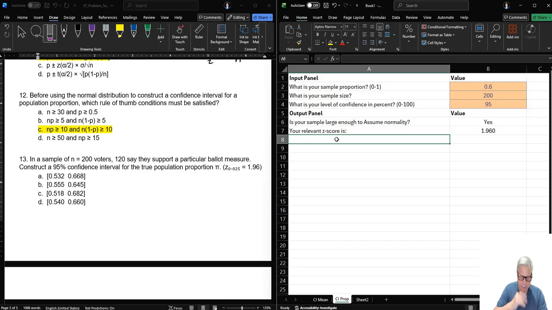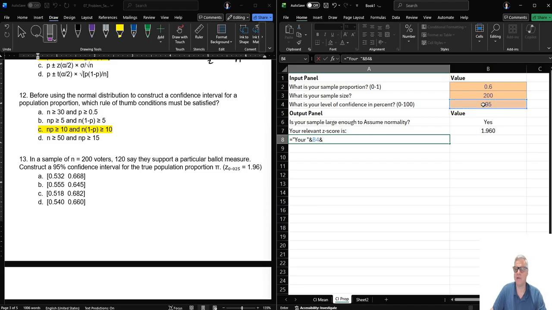And now we can write again that equals, now we say "Your," and then we close with quotation marks, and we put an ampersand, and then we pick up the 95 from cell B4, and then we use again an ampersand and now we continue the text.